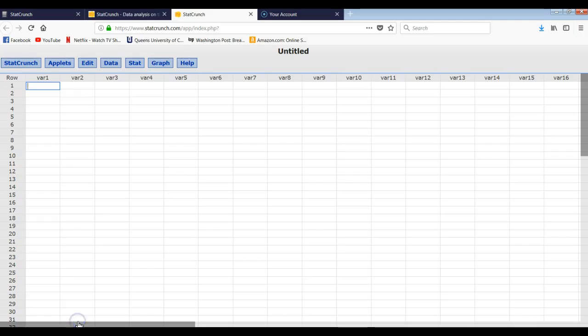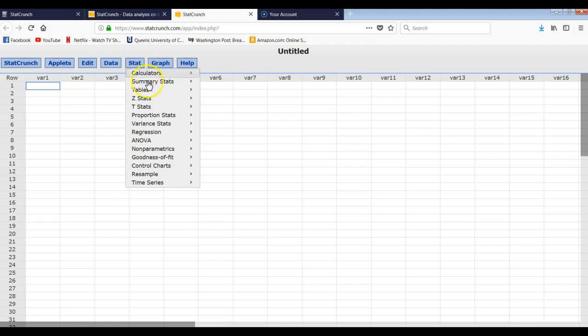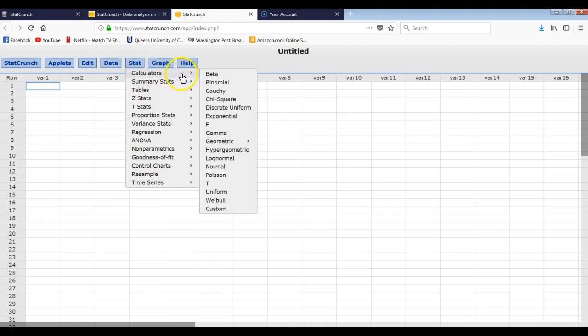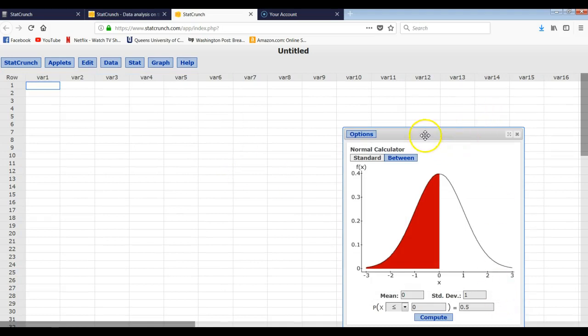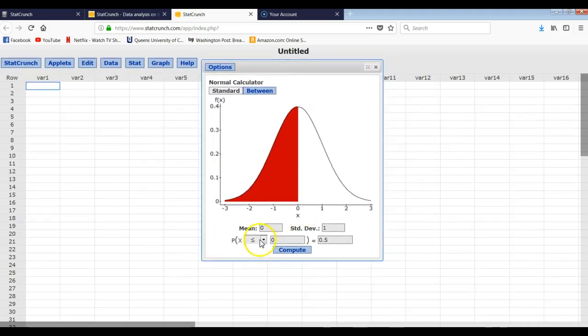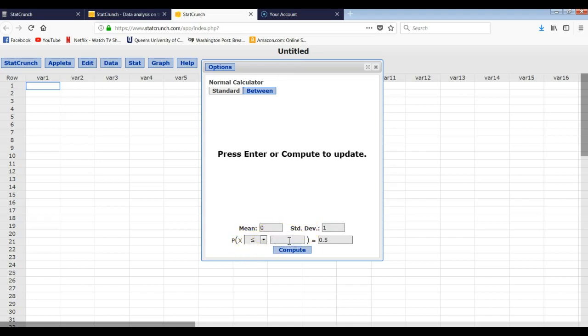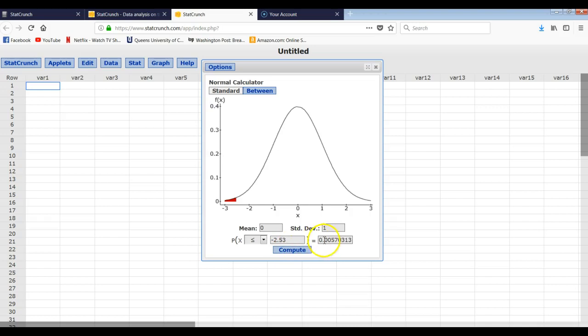So we're going to go to StatCrunch, and we're going to the normal distribution calculator. Because this is less than, we're going to pick the less than. And we enter negative 2.53. Compute.